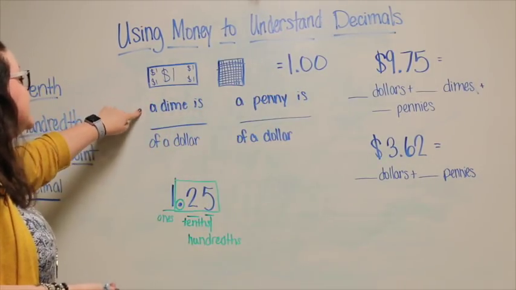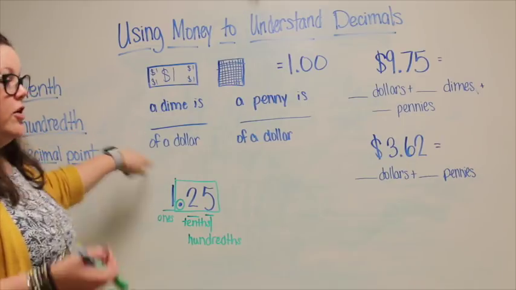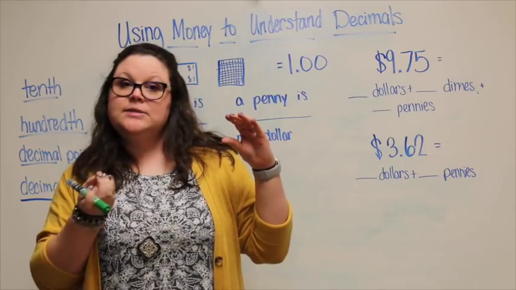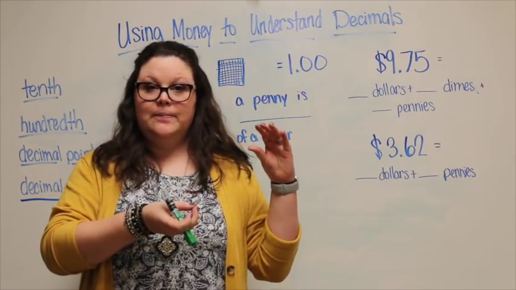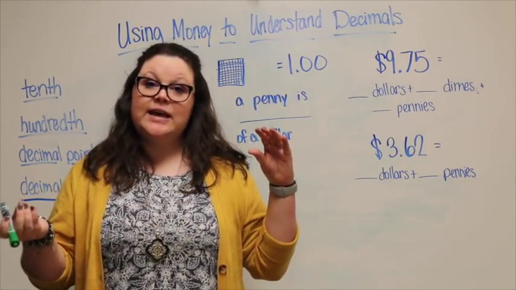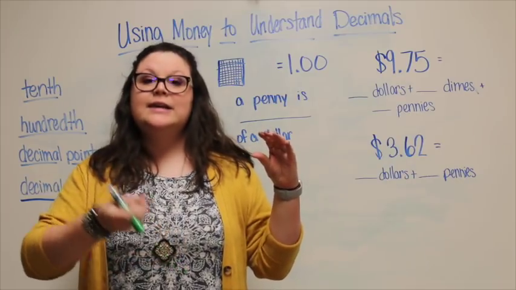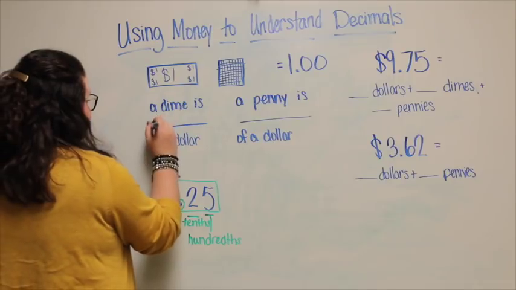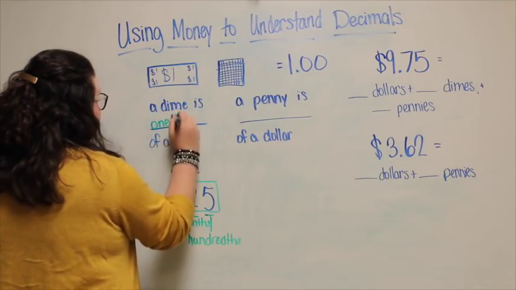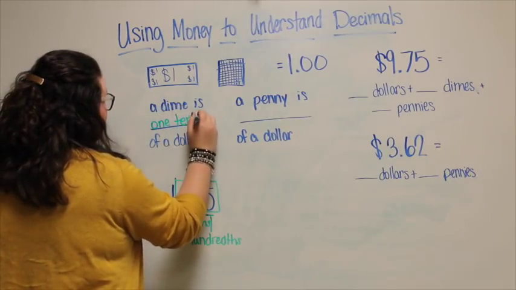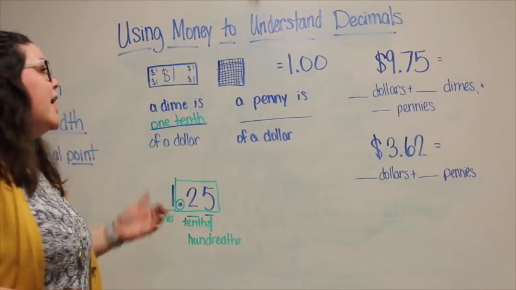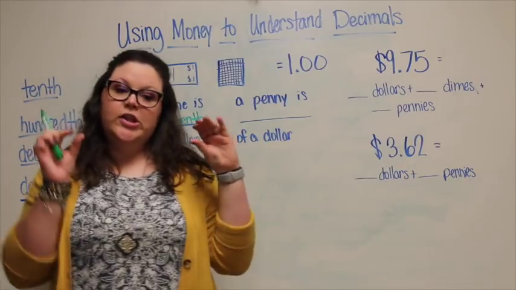So a dime is blank of a dollar. How many dimes does it take to make $1? It takes 10. So I could say a dime is 1/10 of a dollar.